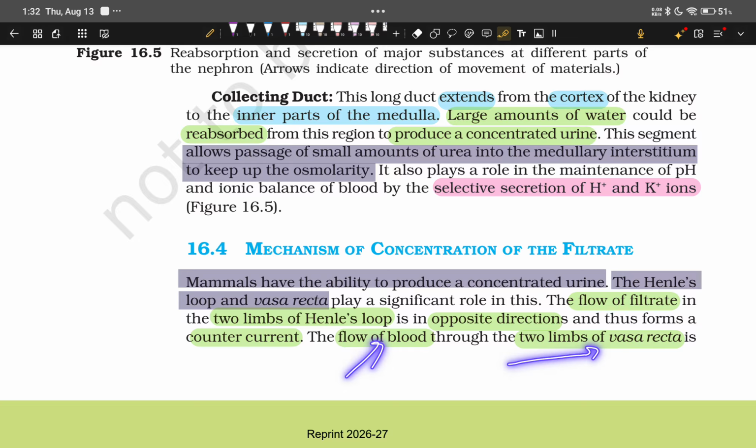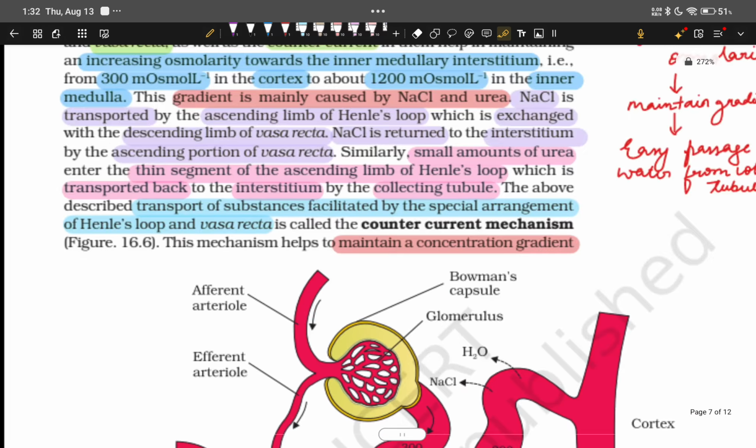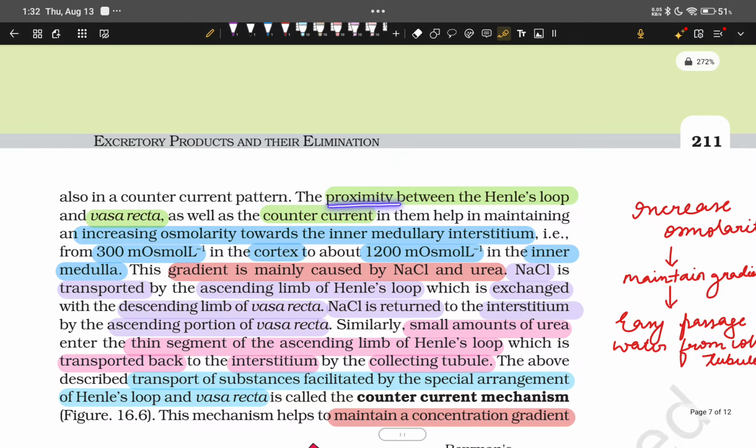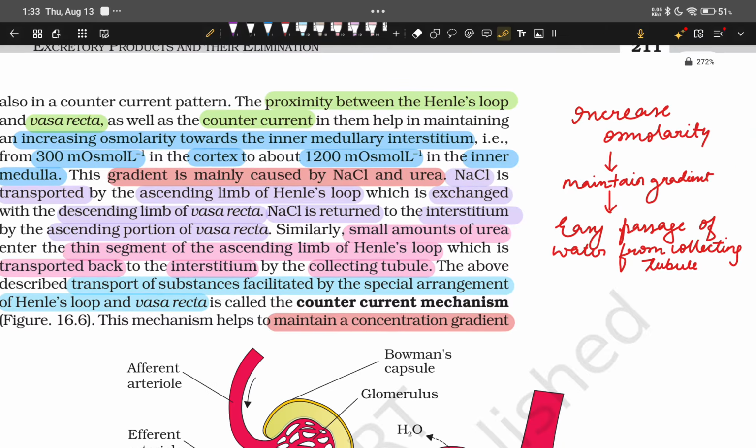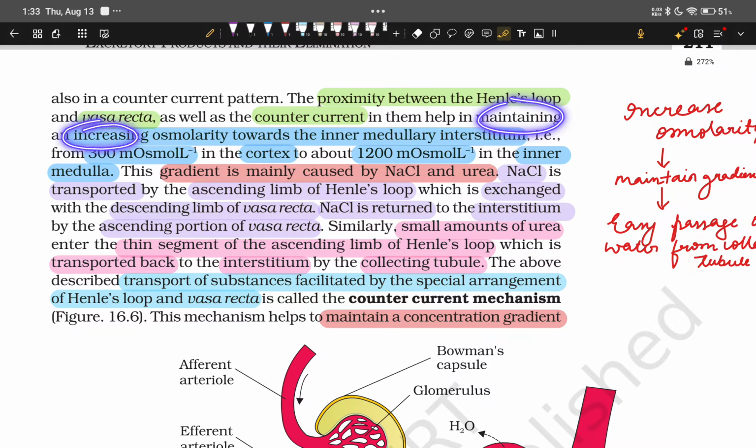So flow of blood in the two limbs of vasa recta forms one more countercurrent. Then the proximity between Henle's loop and vasa recta also forms one more countercurrent. All of this helps in increasing osmolarity towards the inner medullary interstitium, from 300 milliosmol per liter in the cortex to 1200 milliosmol per liter in the inner medulla.